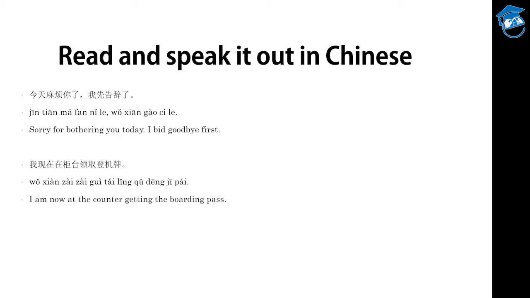Okay, it is almost the direct translation, so I hope I don't have to explain it more, but it is for you to understand how to say it and what the meaning is. It is for you to recall what is 柜台 and what is 领取 and 登机牌.